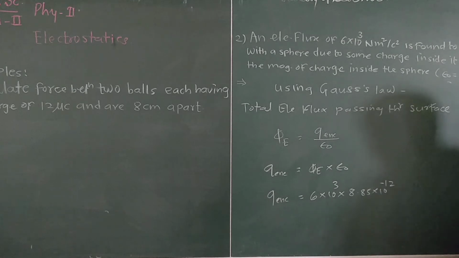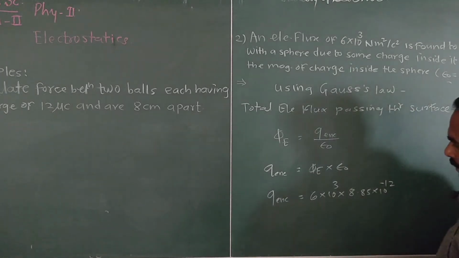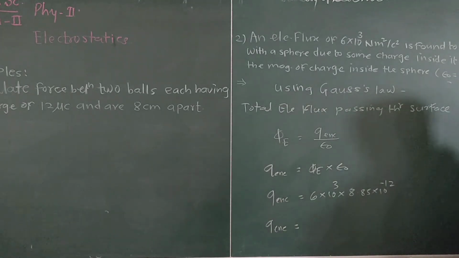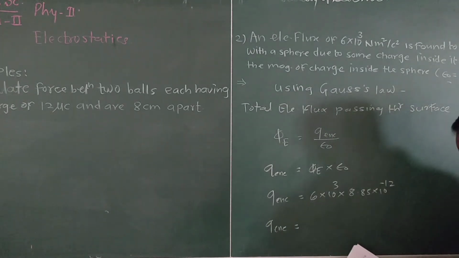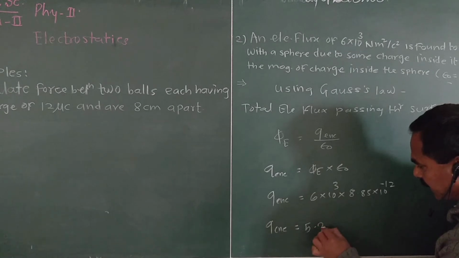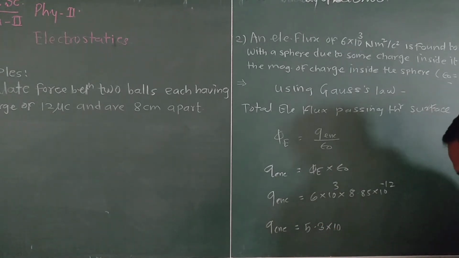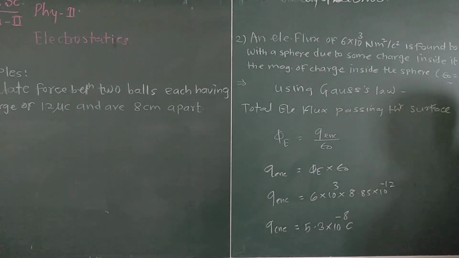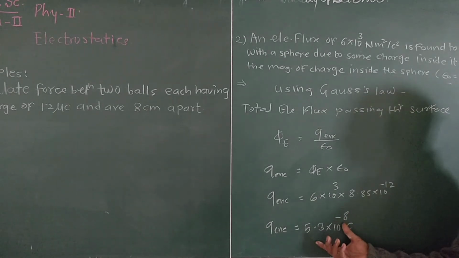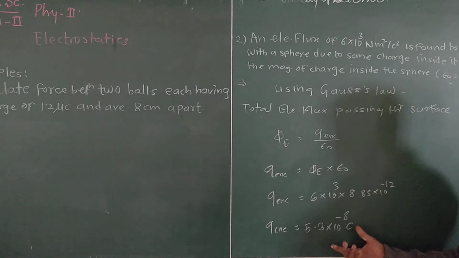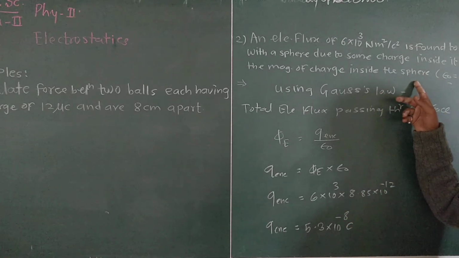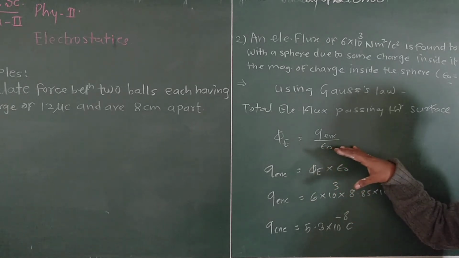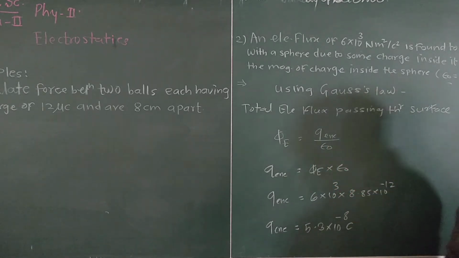This calculation gives the result Q enclosed equal to 5.3 into 10 raised to minus 8 coulomb. So this is the value of charge enclosed inside the sphere, and this can be calculated using the Gauss theorem or Gauss law, right?